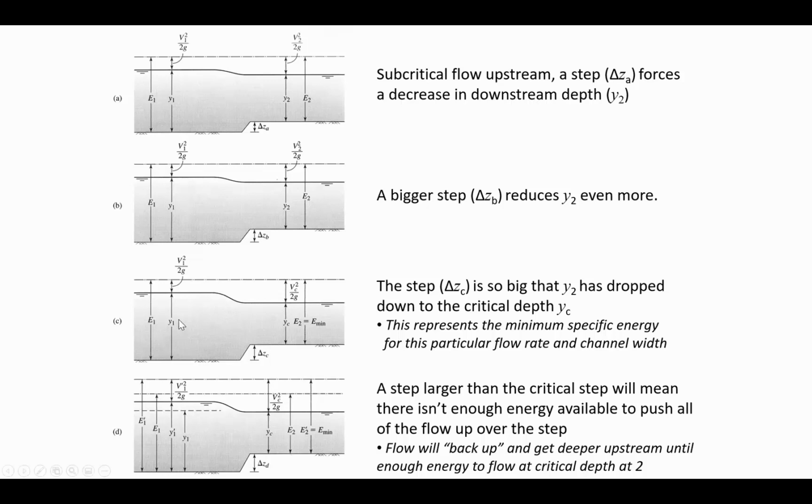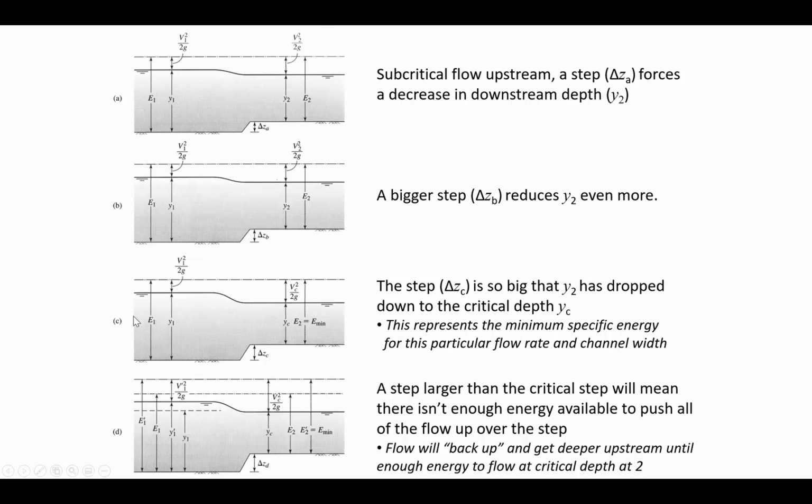So there was this original depth, y1, but then because the step up is so tall, the flow has to get even deeper. And so y prime 1 is referring to the new depth that will set up after water comes into equilibrium again.